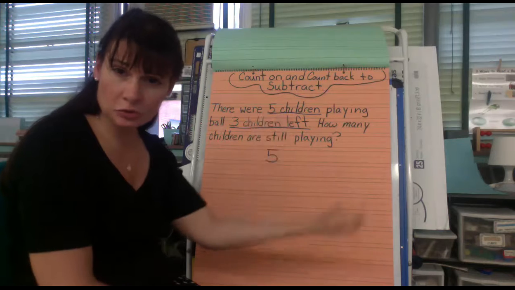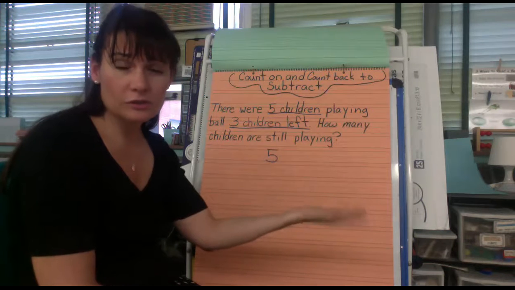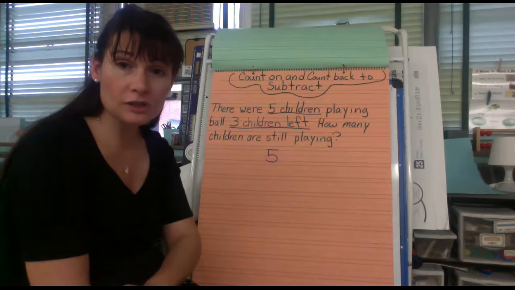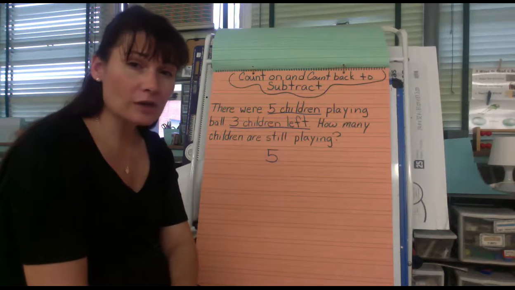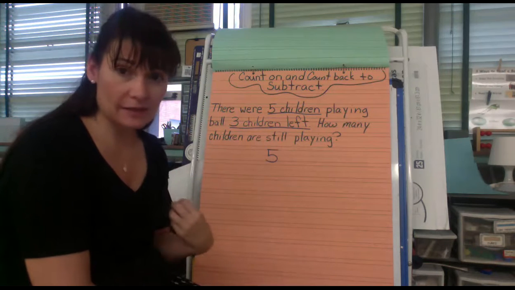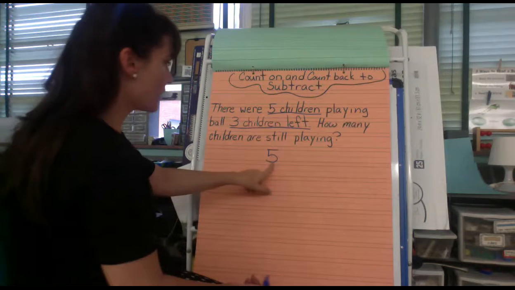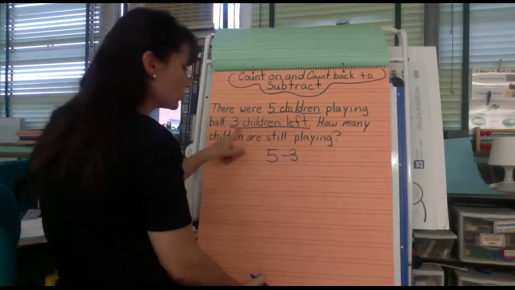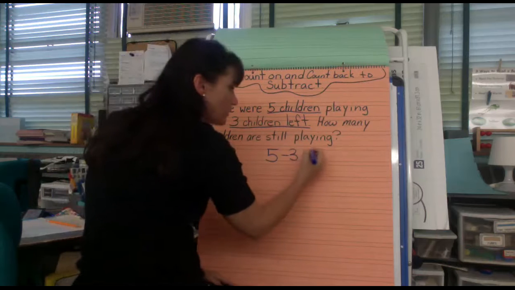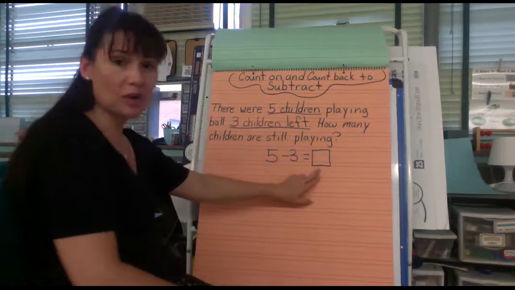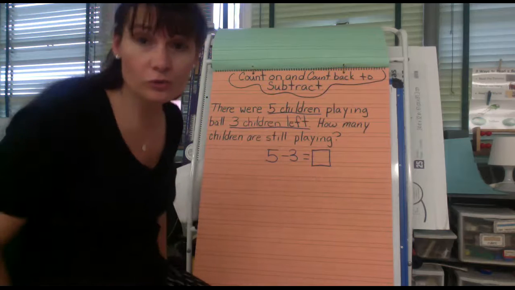Did more children join them? Or did 3 children leave? You're right, 3 children left. So I would not be adding more, I would be subtracting them. So 5 minus 3, because 3 children left, equals this unknown number. Always use a box to show what number you're searching for.